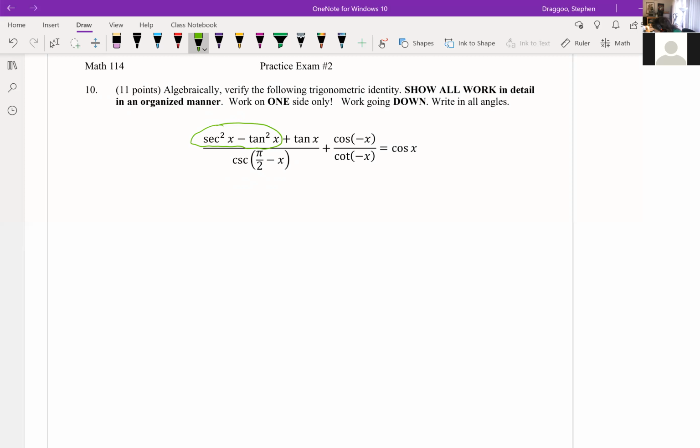It is equal to 1 plus tangent x divided by cosecant of pi over 2 minus x. That's going to be equal to secant x.